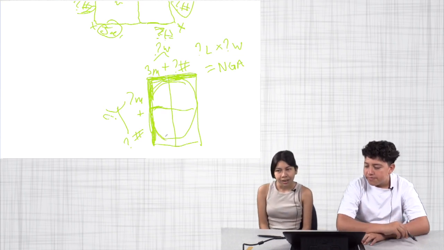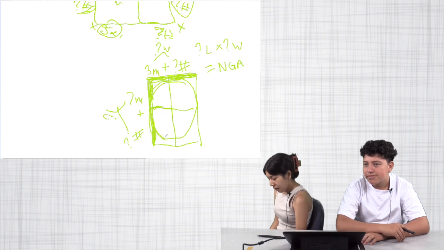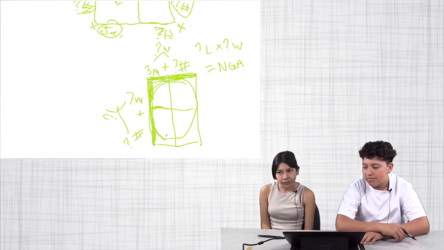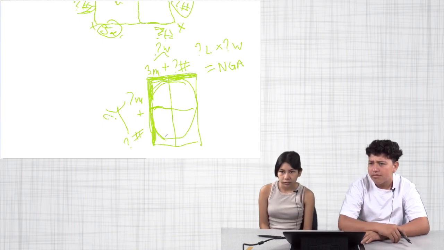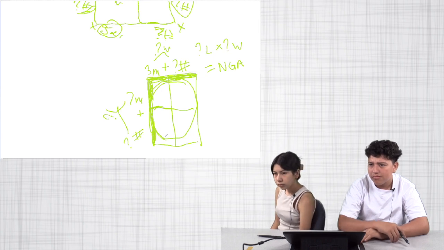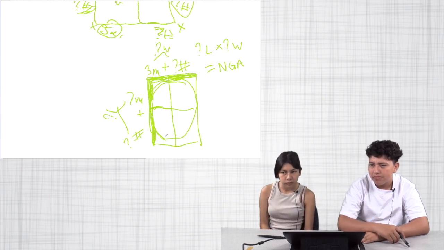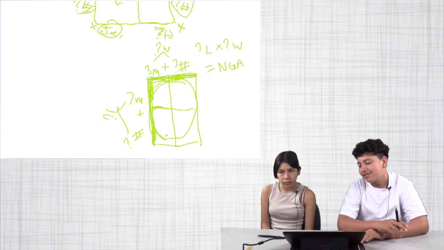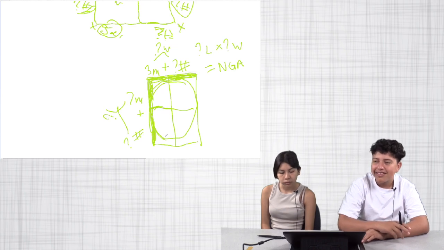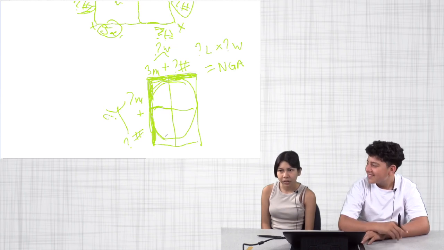Now, could you also write Emily's method if you didn't want to introduce any new variables, like not using the question mark L and the question mark W? Could you write an equation just with the question mark pound sign, the unknown number? So let me say it again.